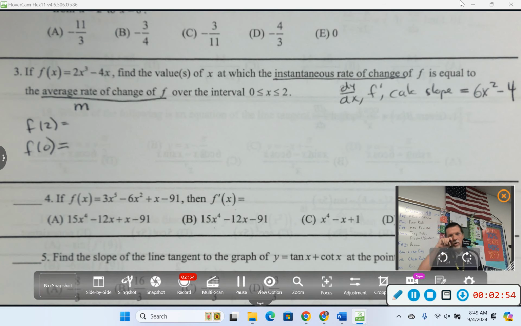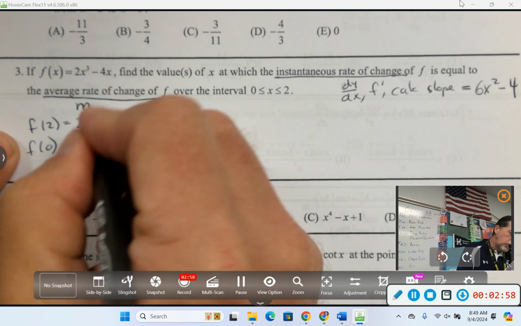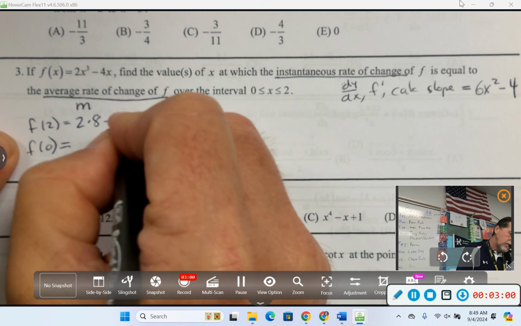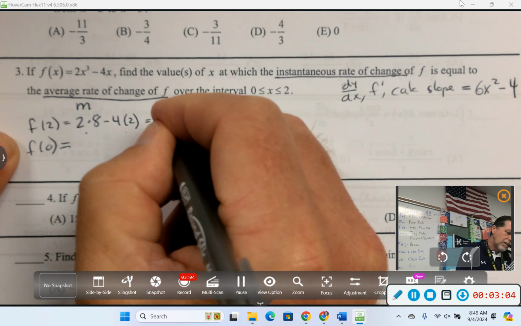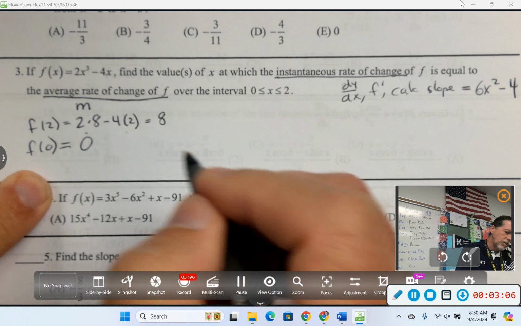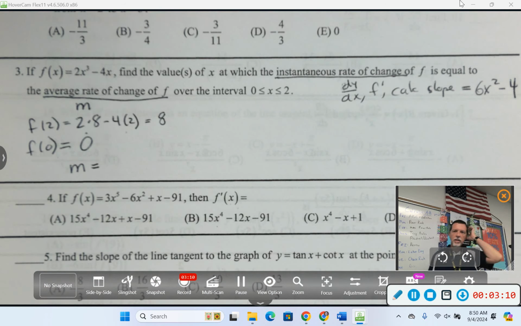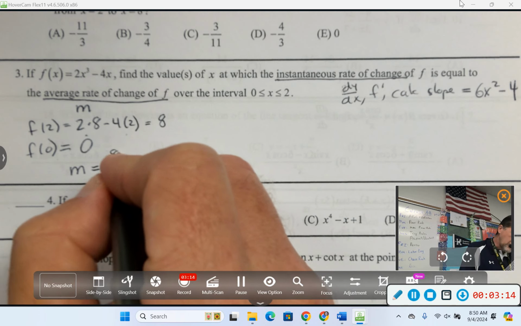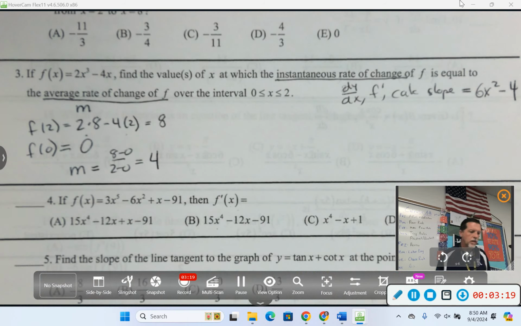This is a long question. F of 2. 2 cubed is 8. 16 minus 8 is 8. F of 0 is 0. So the algebra slope, I'm just using m to differentiate here, would be 8 minus 0 over 2 minus 0, also known as 4.